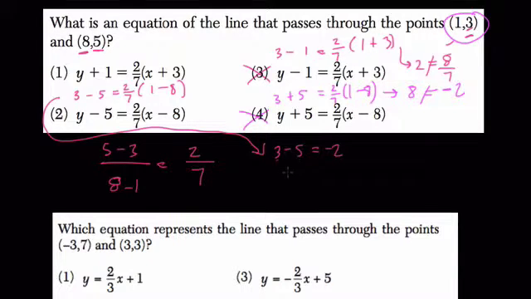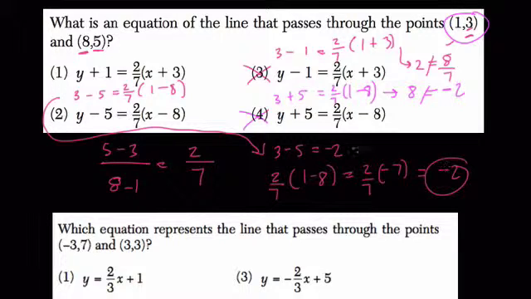Oh, so this one finally works. So we get -2 on both sides, right? 2/7 times -7, the 7's cancel out to a -1. Multiply that by 2, we get -2. So in both cases, we get -2. I would choose choice number 2.